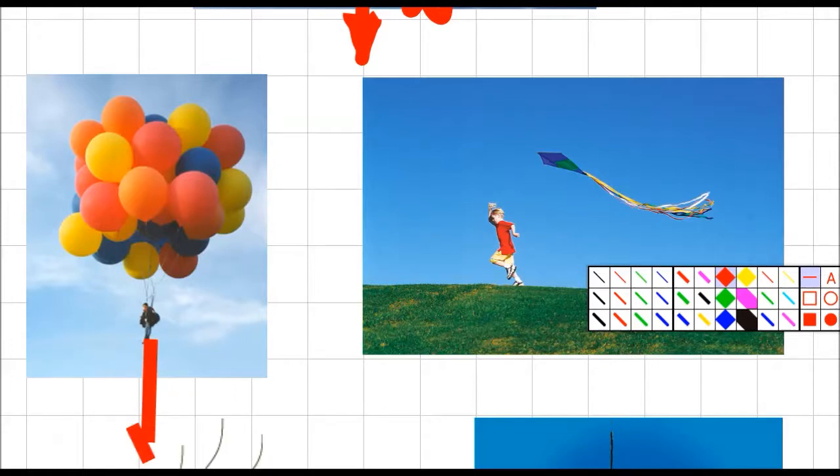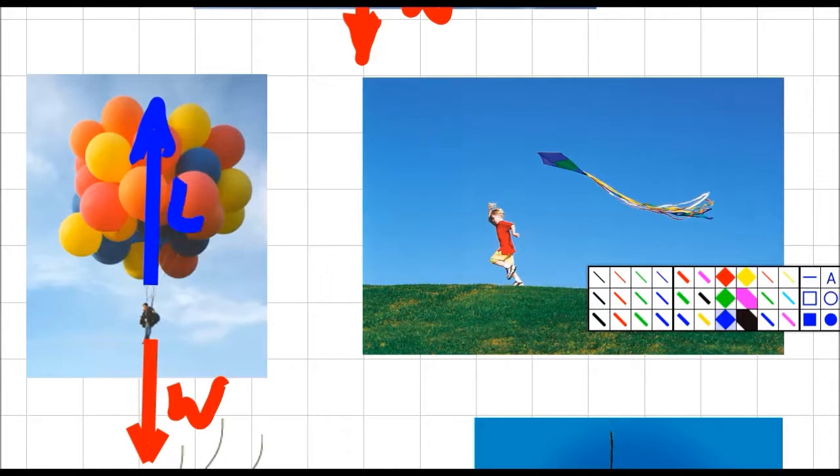Pointing this direction, his weight. The balloons produce a lift of equal but opposite direction, which counterbalances the weight and makes the man fly.